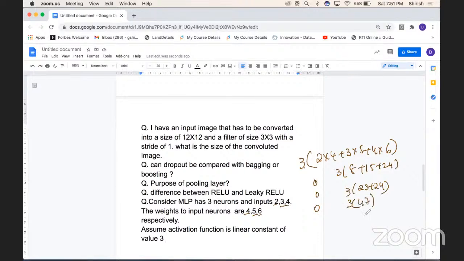Should be 47. 141. This is the output. So you should calculate the output, that is my question. What's the output here?